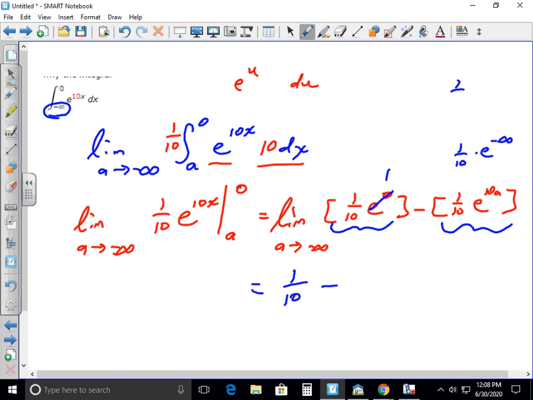A negative exponent tells us that we can put that in the denominator and make the exponent positive. So our numerator is 1, and our denominator is getting closer and closer to infinity. And if the denominator goes to infinity, that term goes to 0. So if that goes to 0, then we converge. Our integral converges.